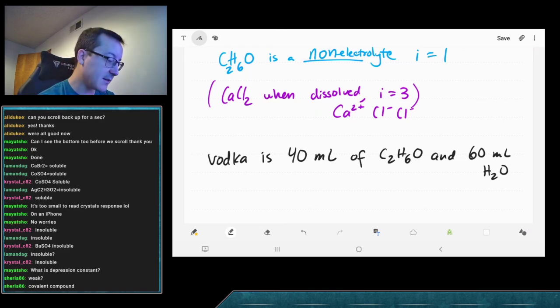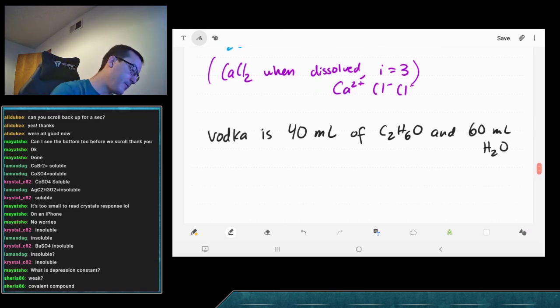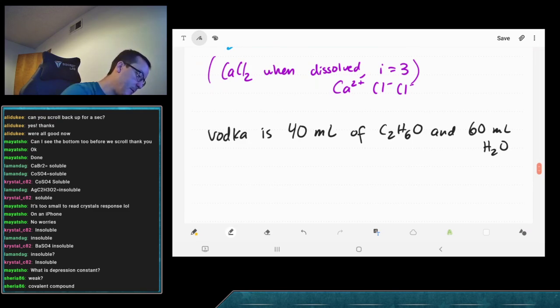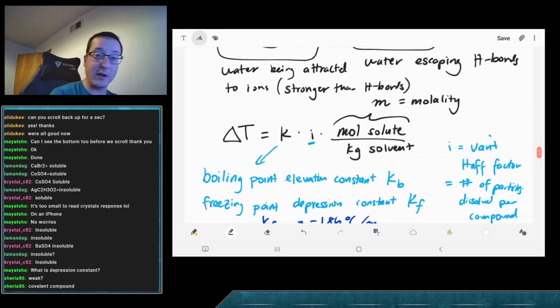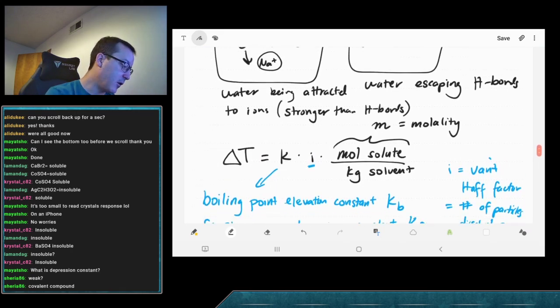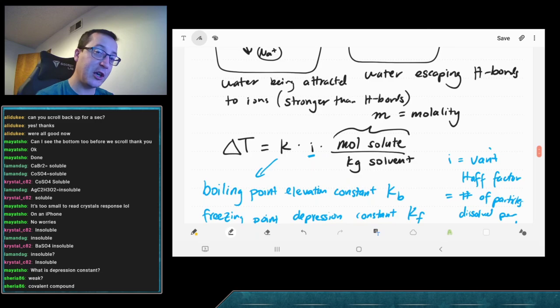So we need a couple of things here. Our formula tells us the change in boiling point or freezing point is dependent on K, which is just a number we already have. We have our i, but we need this molality thing. We need moles of solute per kilogram of solvent. Yikes.